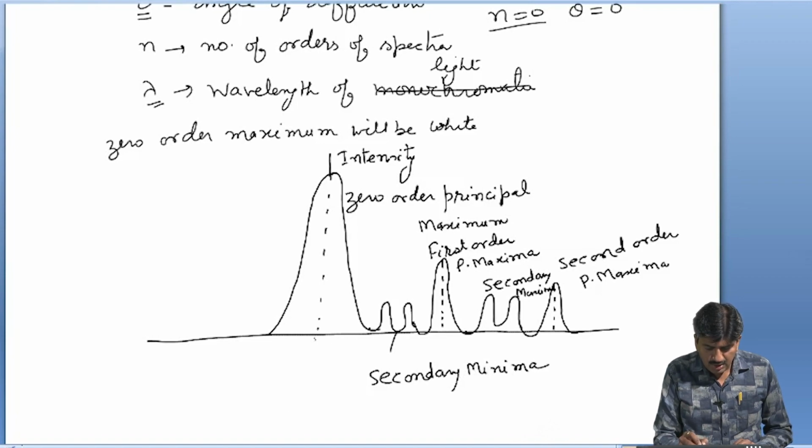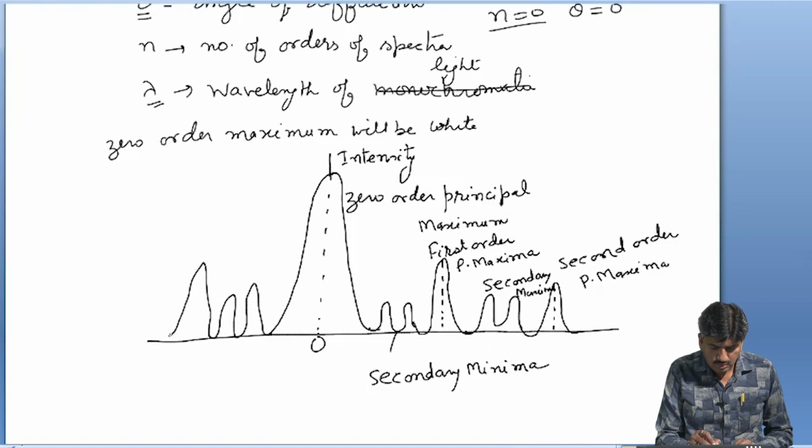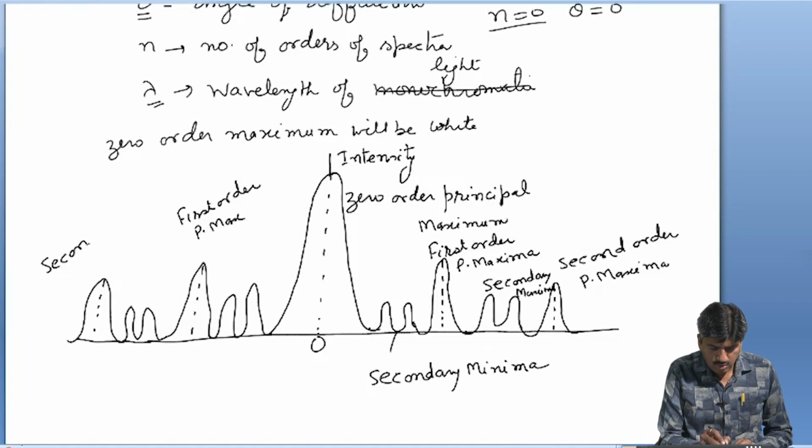And similarly, on the left side, this is the first order principal maxima, this is the second order principal maxima, and this is secondary maxima.